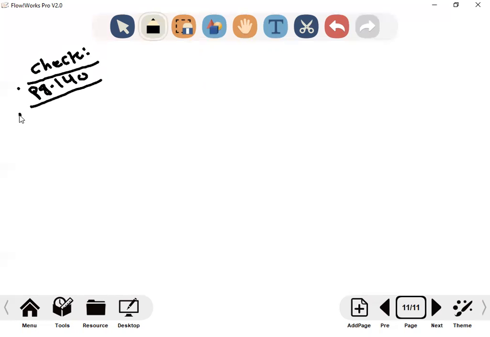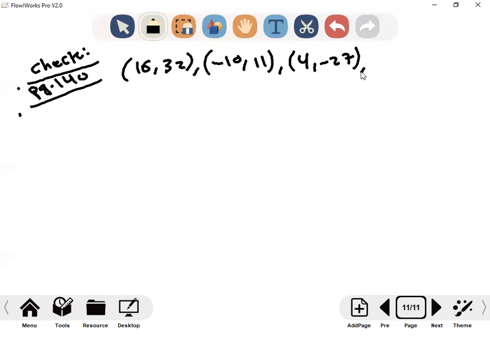We have 16 and 32, negative 10 and 11, 4 and negative 27. The numbers are less than the previous numbers.